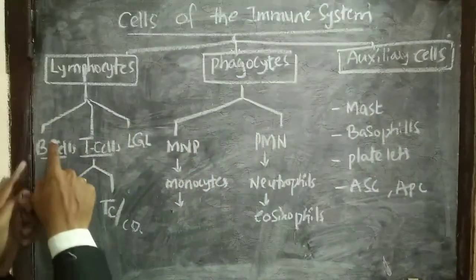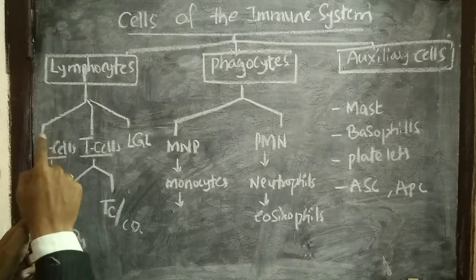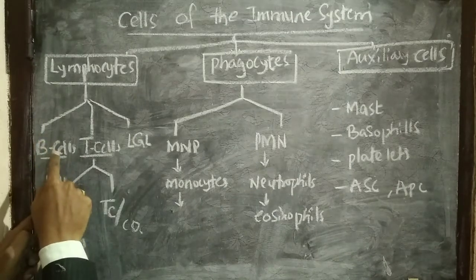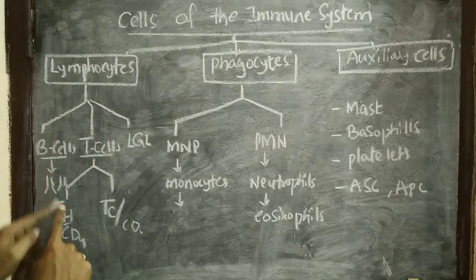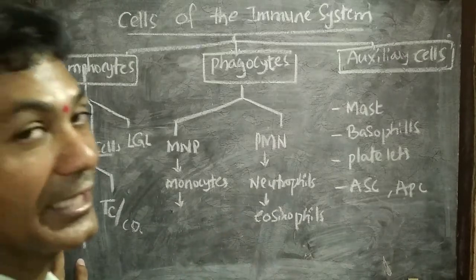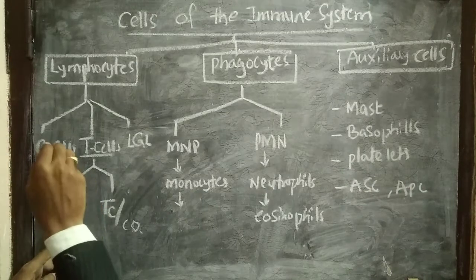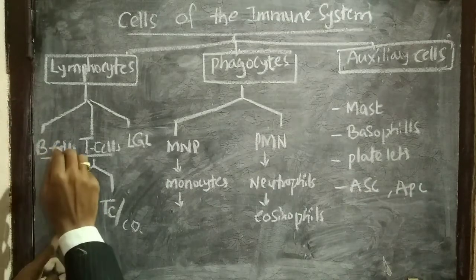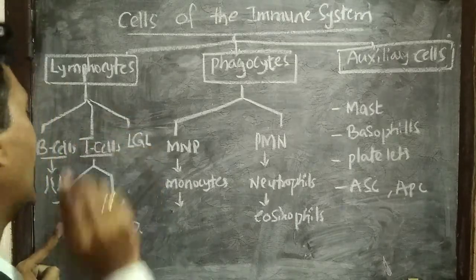Antibodies are produced from B cells, but with the support of TH cells. TH cells release special proteins known as interleukins. Until interleukins are released, B cells cannot produce the specific antibodies against the antigen.